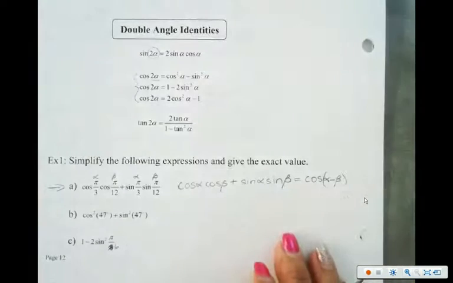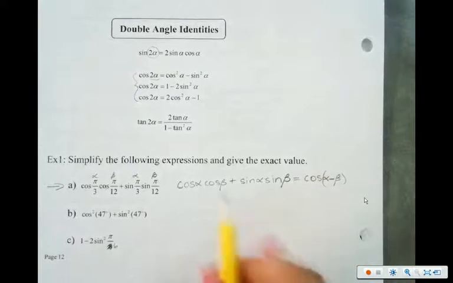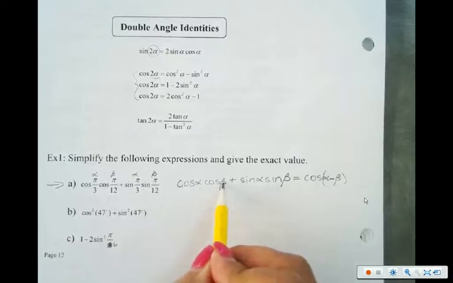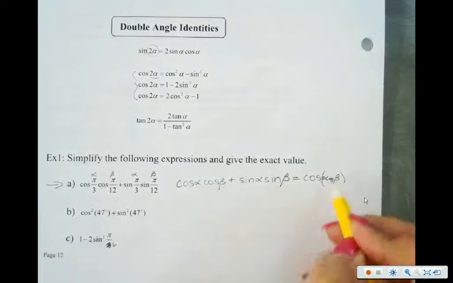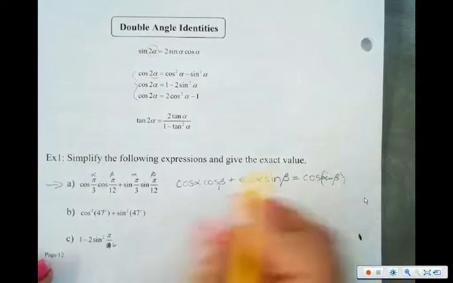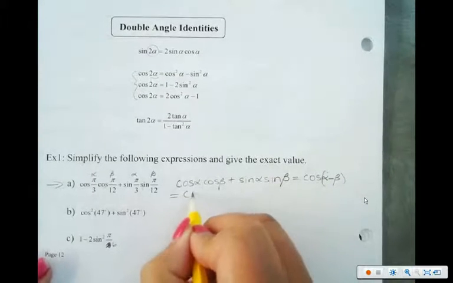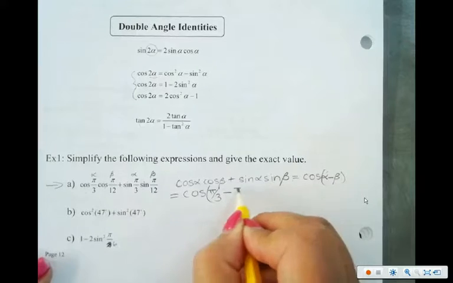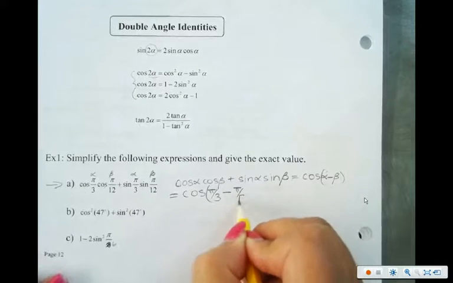All right, so how are we actually going to use this? Well, instead of alpha and beta, what do you think we're going to do? Put the pi by 3 here and the pi by 12 here. So we can rewrite this as cos pi by 3 minus pi by 12.